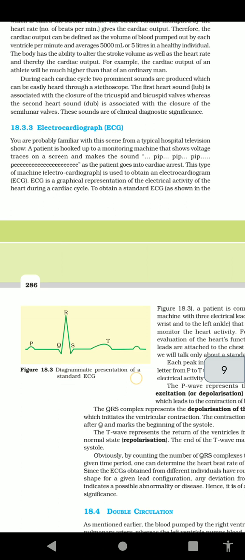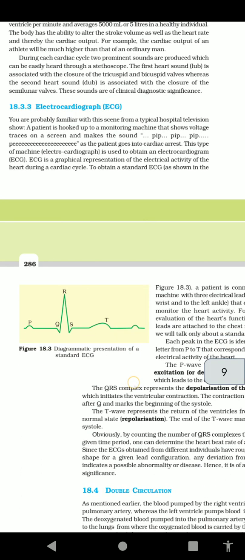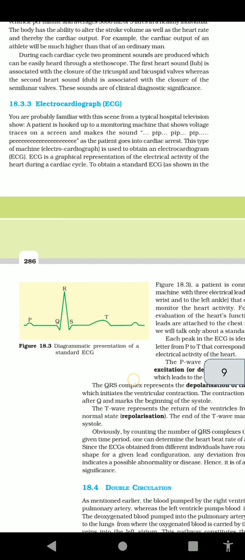The body has the ability to alter the stroke volume as well as the heart rate and thereby the cardiac output. For example, the cardiac output of an athlete will be much higher than that of an ordinary man.